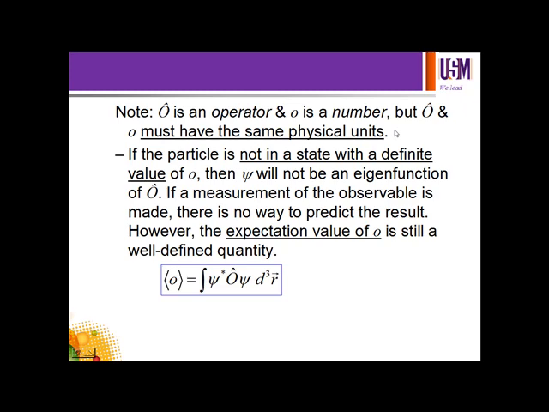The most important thing is that the unit for the operator and the eigenvalue must be the same. That is when we have a specific or definite state of eigenvalue. That means small o is a number. It can be a real number or a complex number.